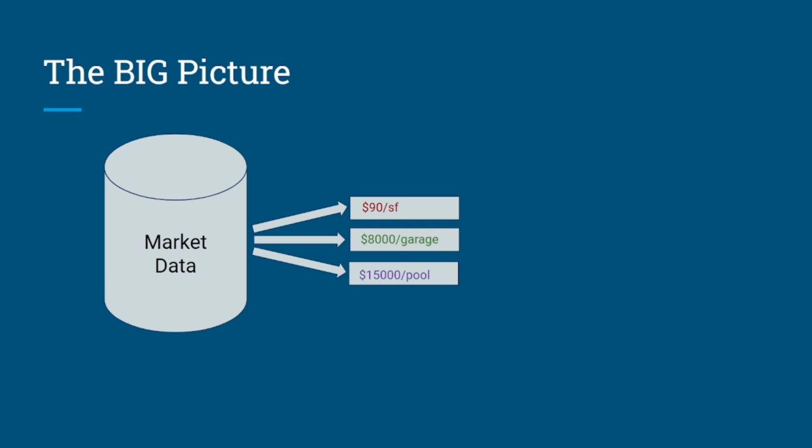So here is the big picture as I propose. You take the market data and you start extracting observations of behavior from that market data. Right now, data scientists are like, yes, stop narrowing down to comps and then taking that small pool and trying to extract adjustments from it. Extract it from the whole pool of data.